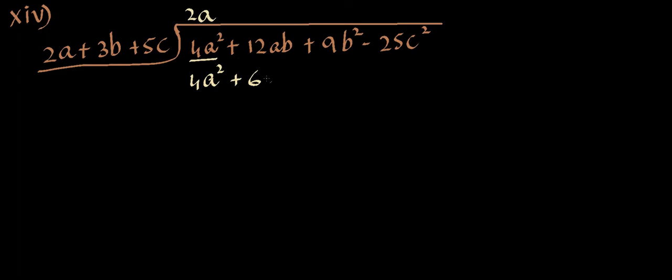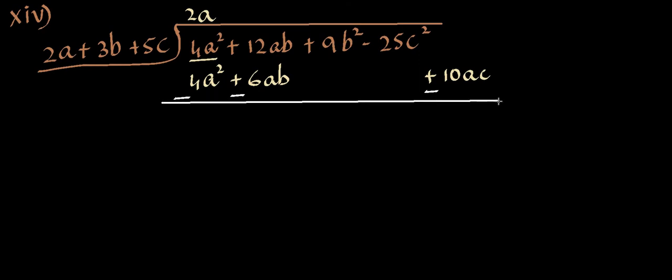A multiplied by b gives me ab. 2 multiplied by 5 gives me 10, and a multiplied by c gives me ac. I don't see any ac term over here, so I write it separately, the special treatment, plus 10ac. Now, subtraction, change of signs, minus, minus, minus.